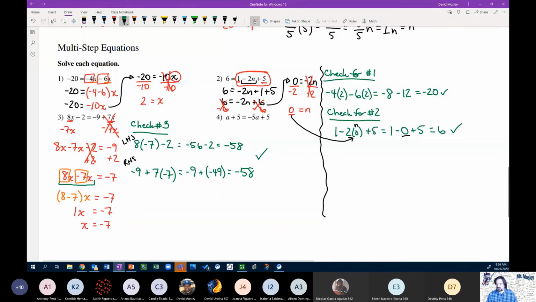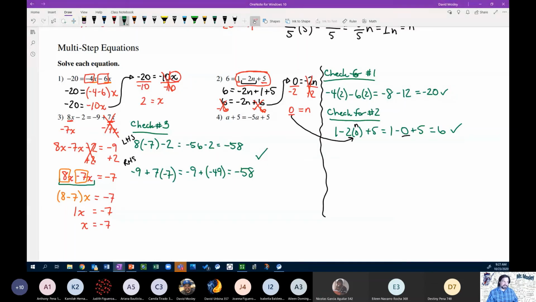Right, so how do you know? All right. So it's a very good question, I think. Eileen's asking how did I know to subtract 7x when I started this equation? So I have two options.